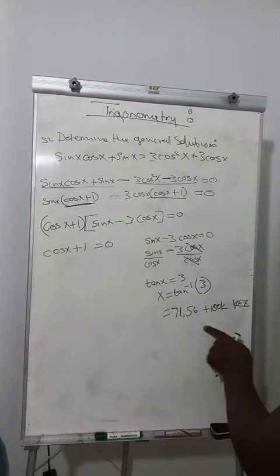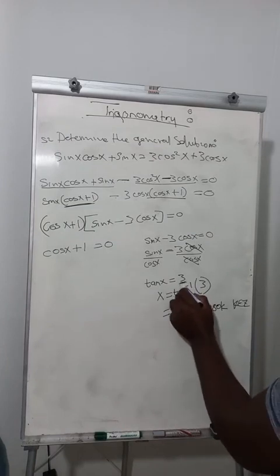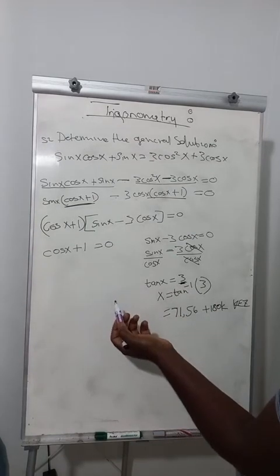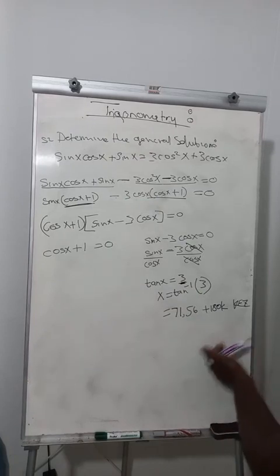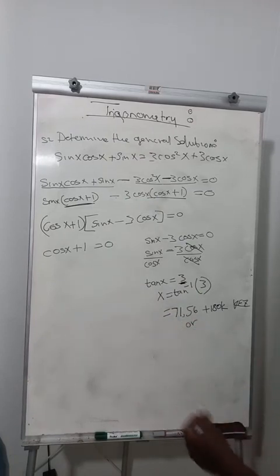Why am I saying that? If you check, this means go where tan is positive. Tan is positive within the first quadrant and also the third quadrant.